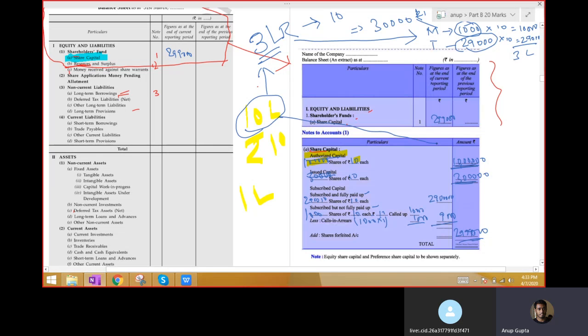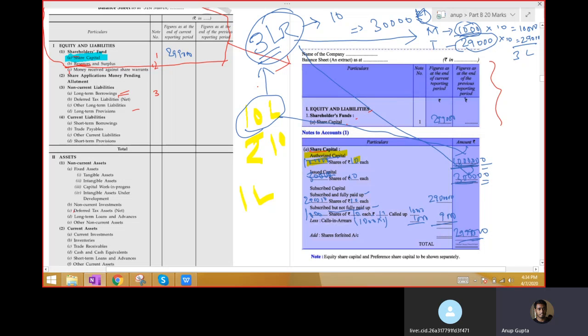Taking the previous video's case as an example, in which I'm repeating, the authorized capital was 10 lakh, which was recorded here, and the issued capital was 3 lakh, which is recorded here. Then these two, authorized and issued, are closed. Then the subscribed capital is taken care of, in which one shareholder holding 1,000 shares failed to pay rupees 1, so he belongs to the subscribed but not fully paid up category.